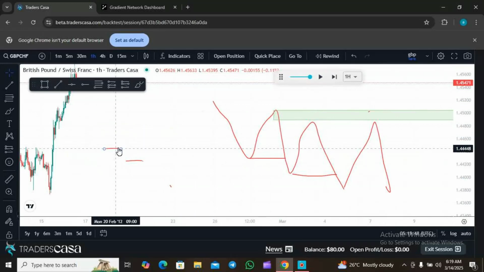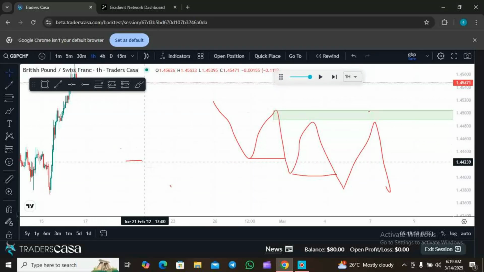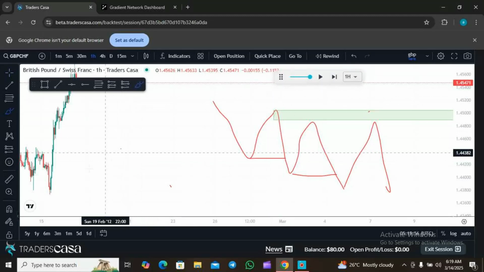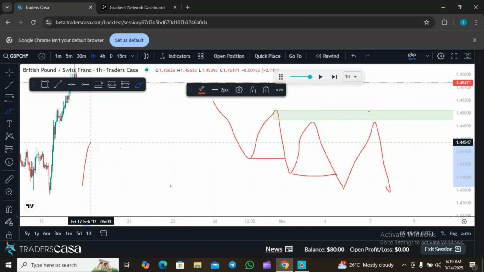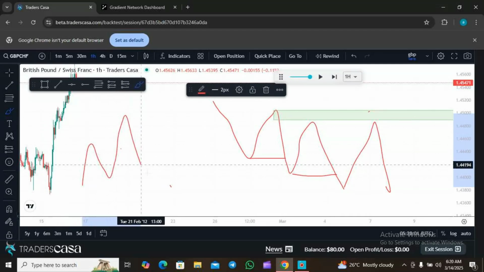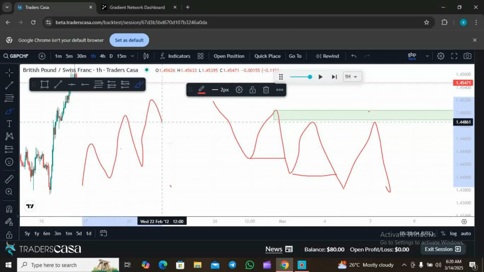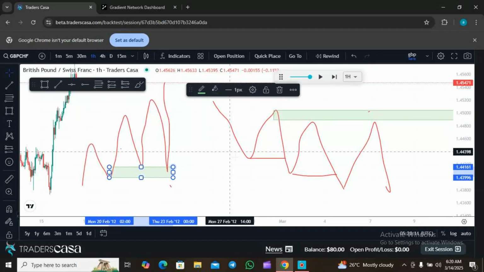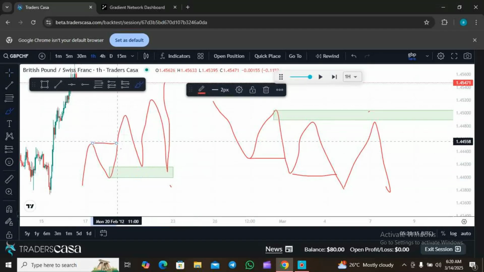Let me structure the buys, the one with the buy setup.